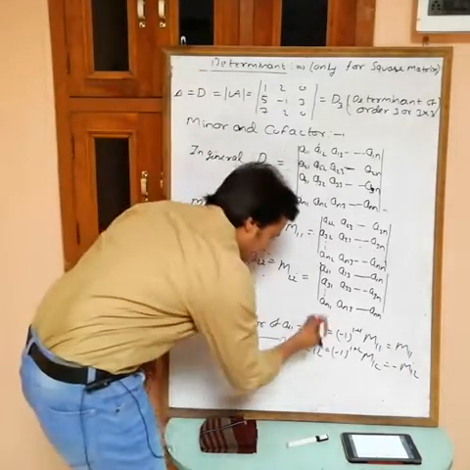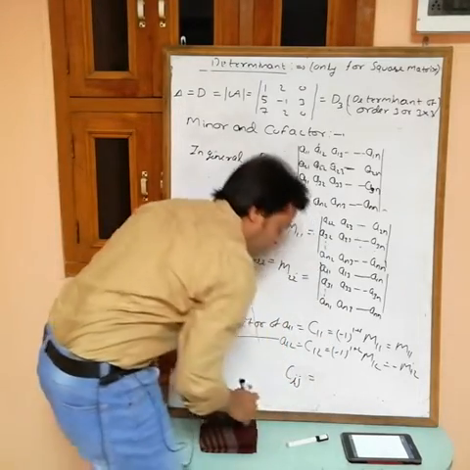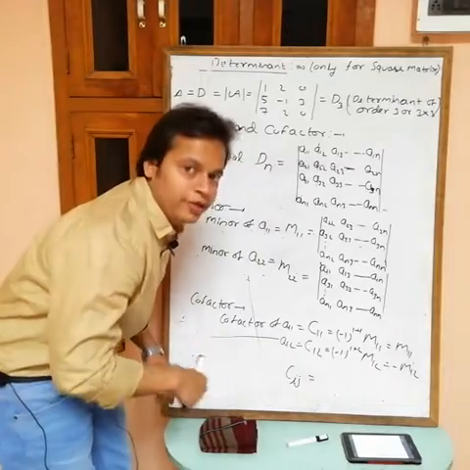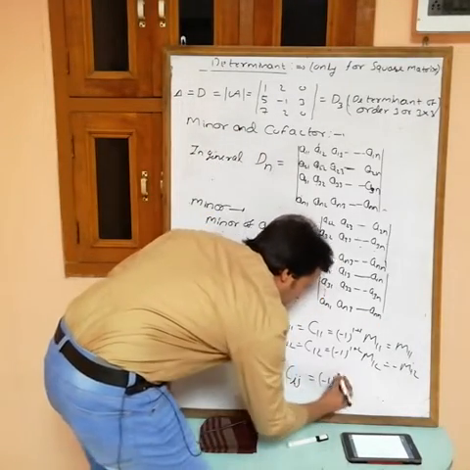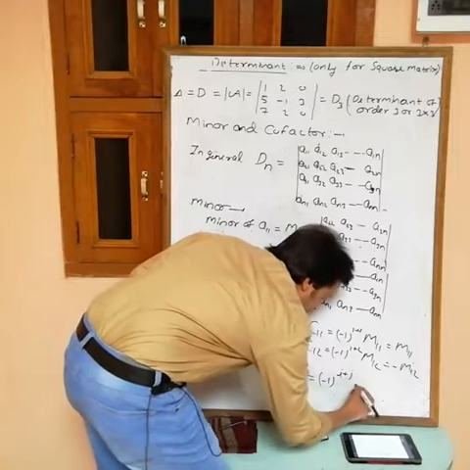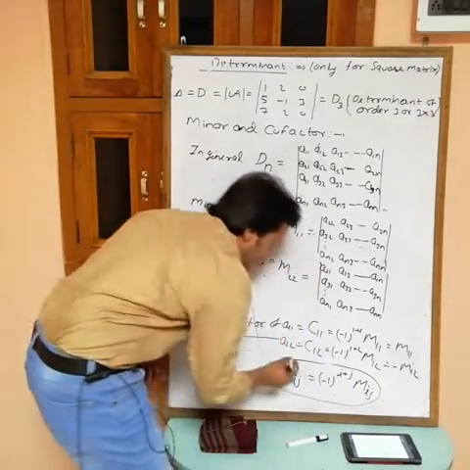So similarly, in general, Cij, the cofactor of any ijth element, Aij, is equal to minus 1 power i plus j times Mij. This is the relation between cofactor and minor.